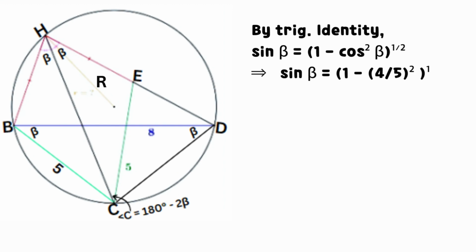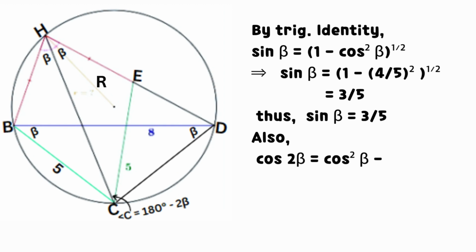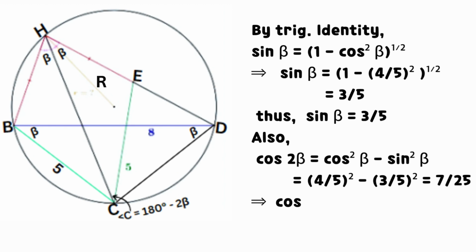By trigonometric identity, sine beta equals the square root of 1 minus cosine squared beta. Substitute values, and we have that sine beta equals 3 divided by 5. Also, cosine 2 times beta equals 7 divided by 25 after substituting values and simplification.